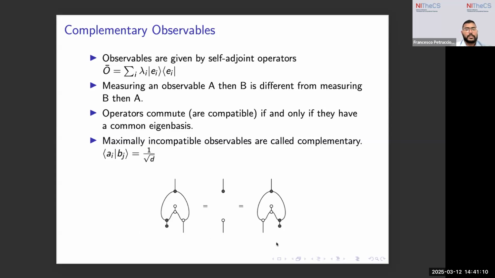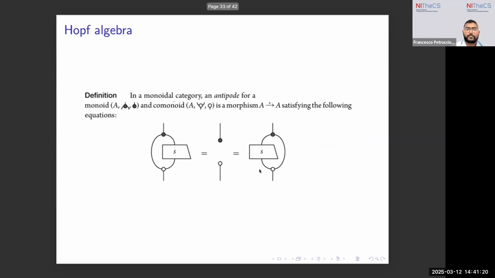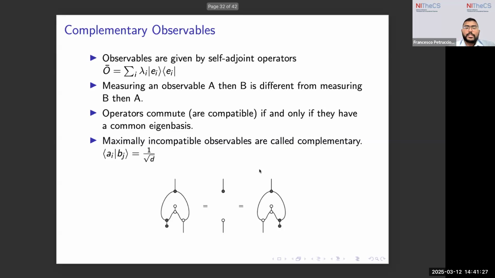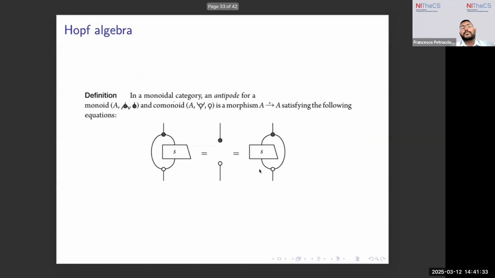We call a Frobenius structure complementary if it satisfies this equation. And we call it strongly complementary if it's a Frobenius structure, a bialgebra, and complementary. In that case, it satisfies the well-studied mathematical structure of a Hopf algebra.